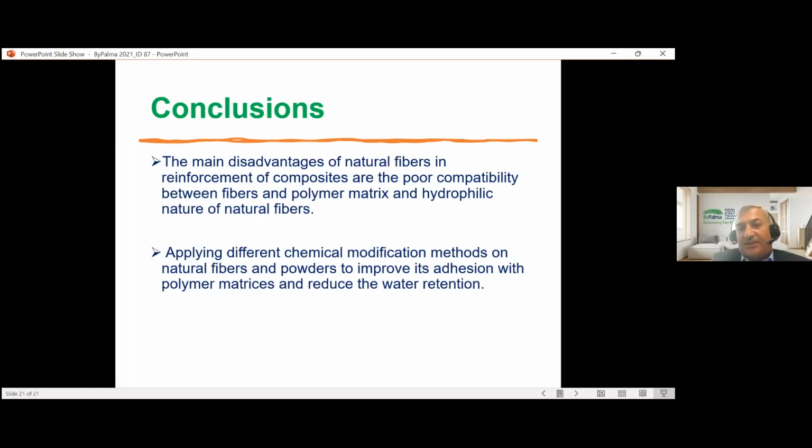But this is considered, and I now have master students working in this area. We try to get fibers and make some kind of coating with biodegradable polymers. We considered PLA, we considered PHB. These materials are very interesting.